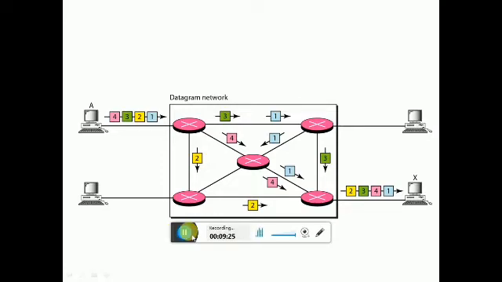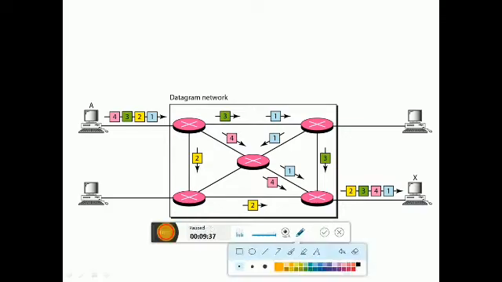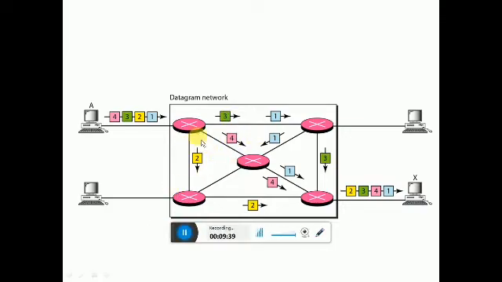In a datagram network, each packet is treated independently of all others, even if the packet is part of a multi-packet transmission. This figure is an example of a datagram network. Here we are using switches, which are traditionally referred to as routers.